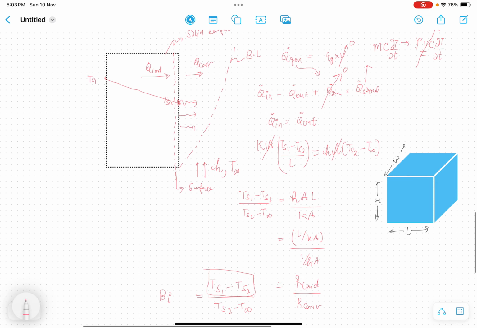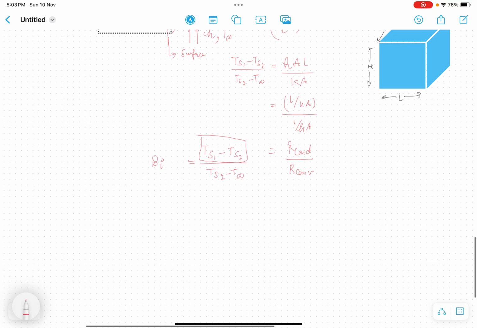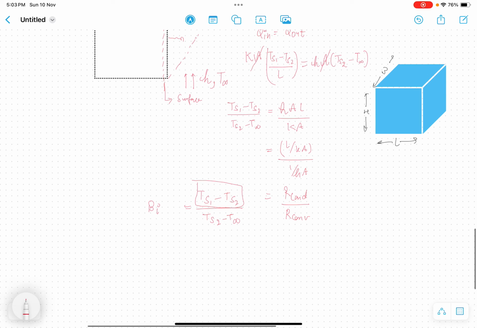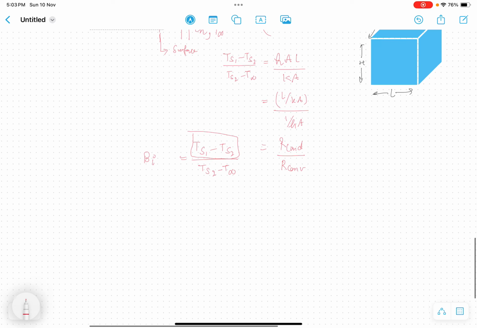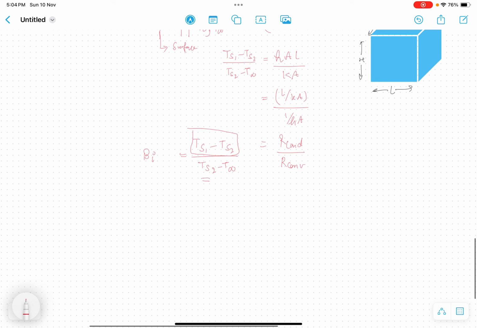It is a ratio: Ts1 minus Ts2, the temperature drop within the solid, to the temperature drop between the solid surface and the surrounding fluid. It also represents the ratio of conductive resistance to convective resistance.